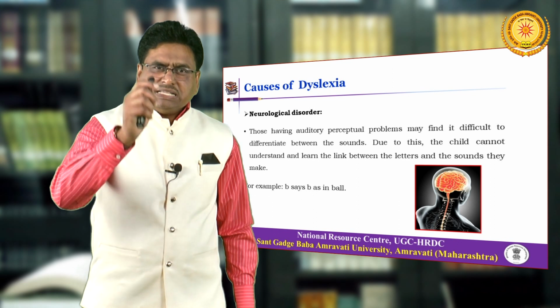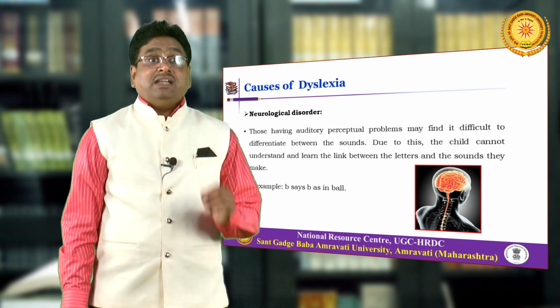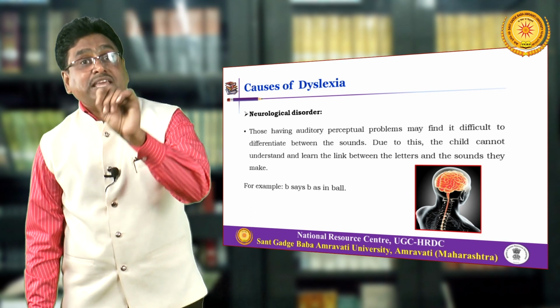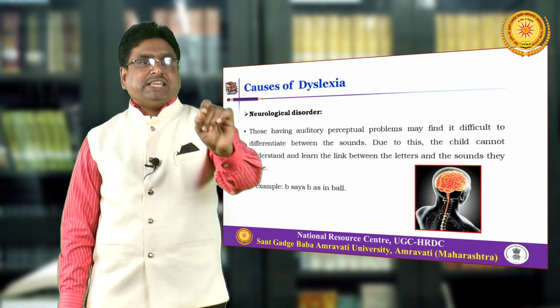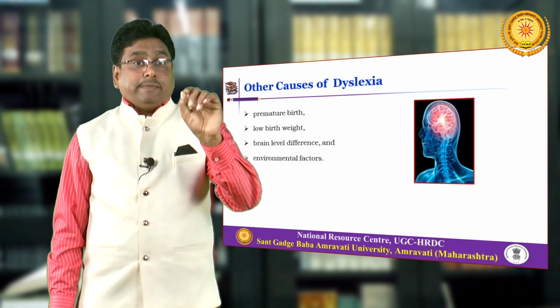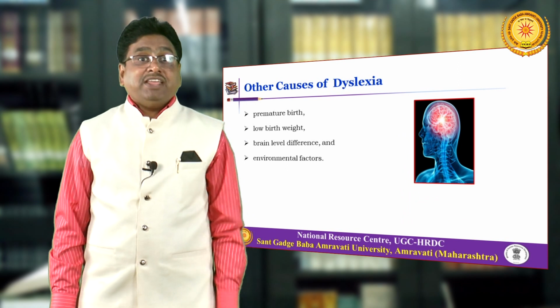Due to this, the child cannot understand and learn the link between the letters and the sounds they make. For example, B says B as in ball. The next causes of dyslexia are premature birth, low birth weight, brain level difference and environmental factors. These are the causes of dyslexia.